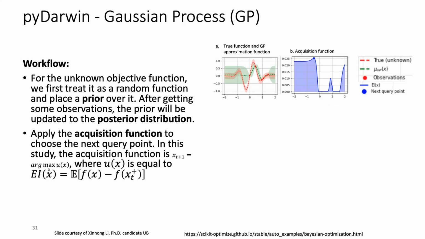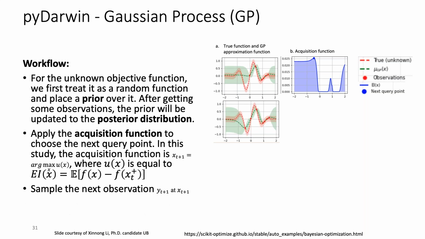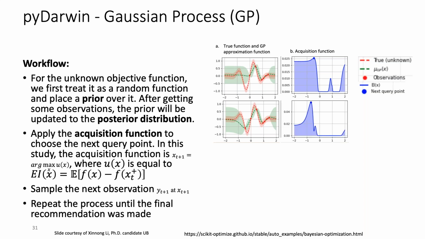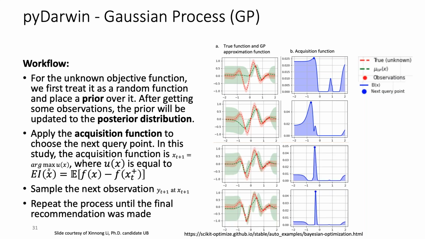Here we see the acquisition function. And again, we're getting closer and closer now to the approximation of the true function. You can see the acquisition function choosing the next point to assess. And again, getting a better and better approximation until we get a final recommendation.